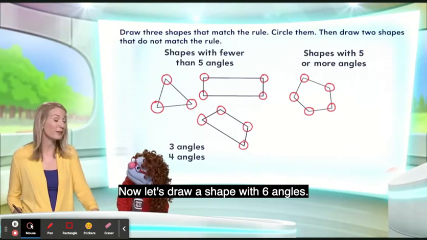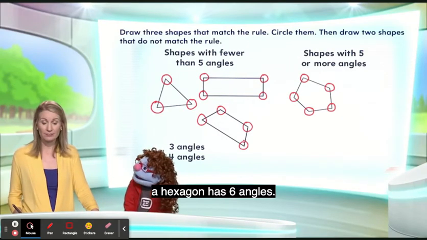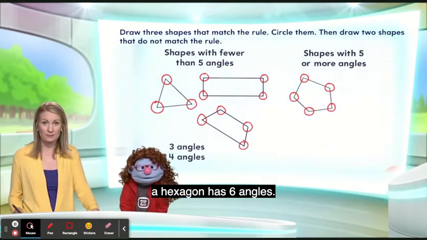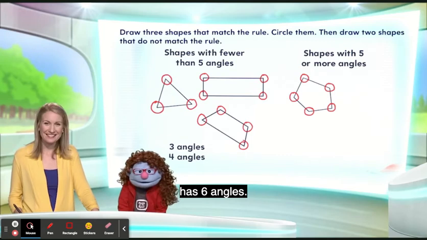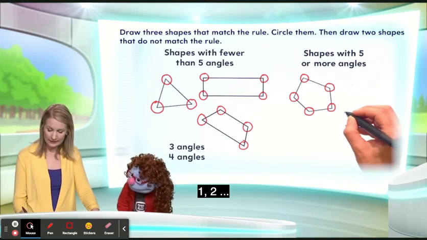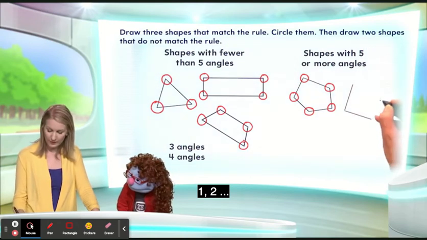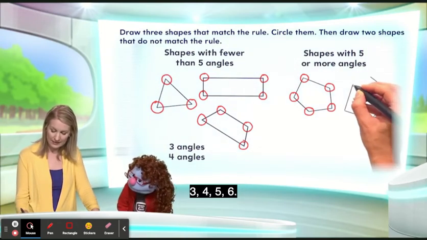Now let's draw a shape with 6 angles. It turns out a hexagon has 6 angles. Every hexagon that we could possibly draw has 6 angles. Let's draw it. 1, 2, 3, 4, 5, 6.